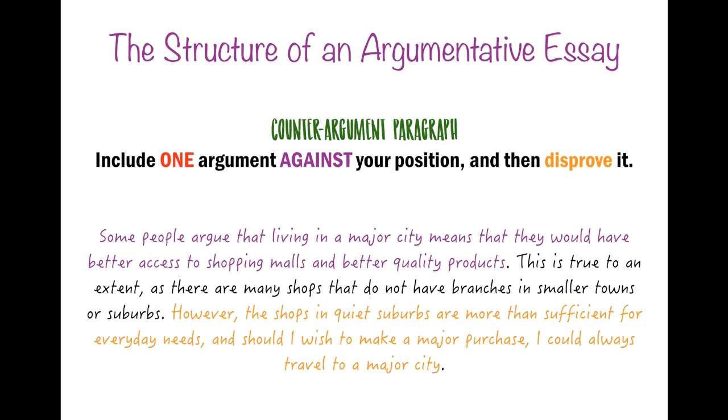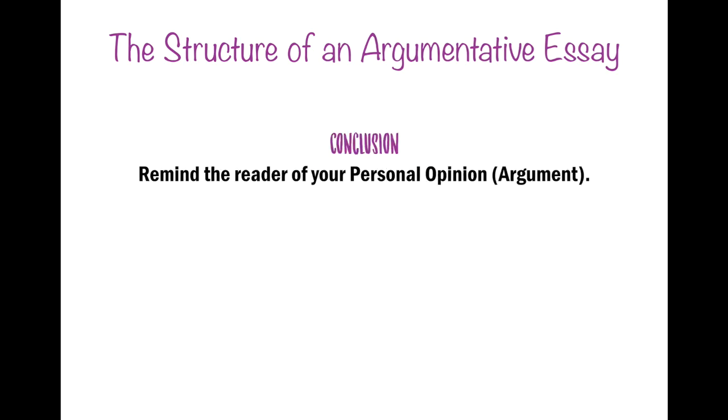So you can see the sentences highlighted in orange disprove the point that I made in purple. So the counter argument paragraph includes one argument against your position, and then you go on to disprove it by arguing against it.